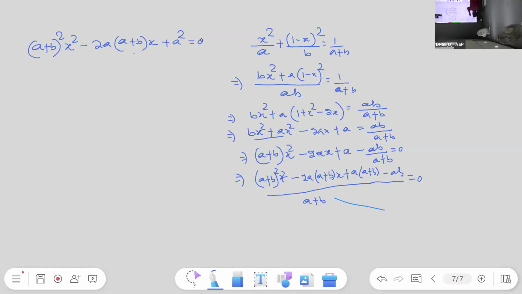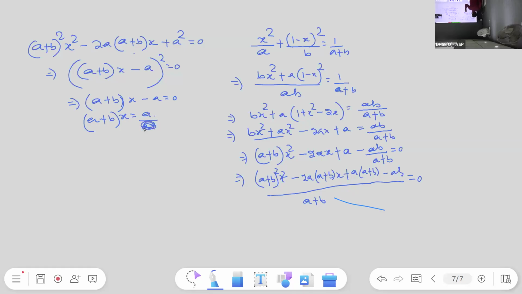So a square plus b square minus 2ab. This is equal to (a plus b) into x minus a whole square is equal to 0. This implies (a plus b) into x minus a is equal to 0. So (a plus b) into x is equal to a upon a plus b.